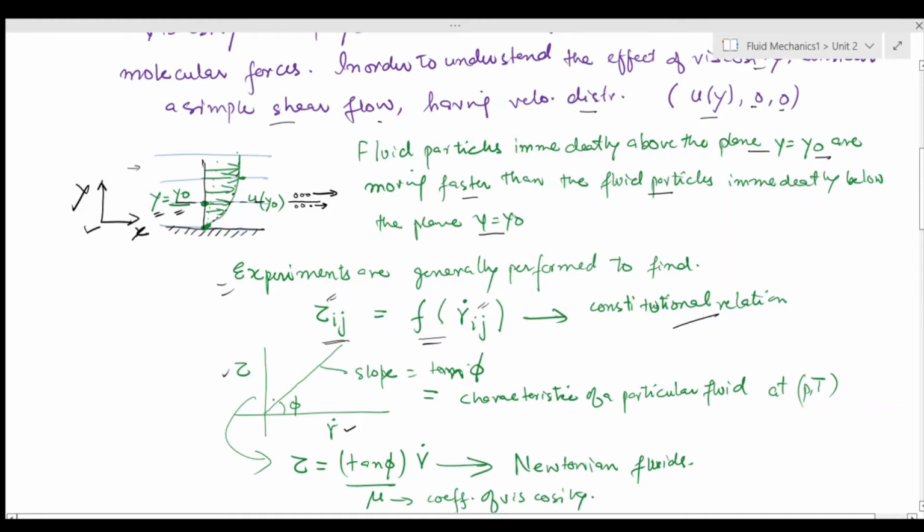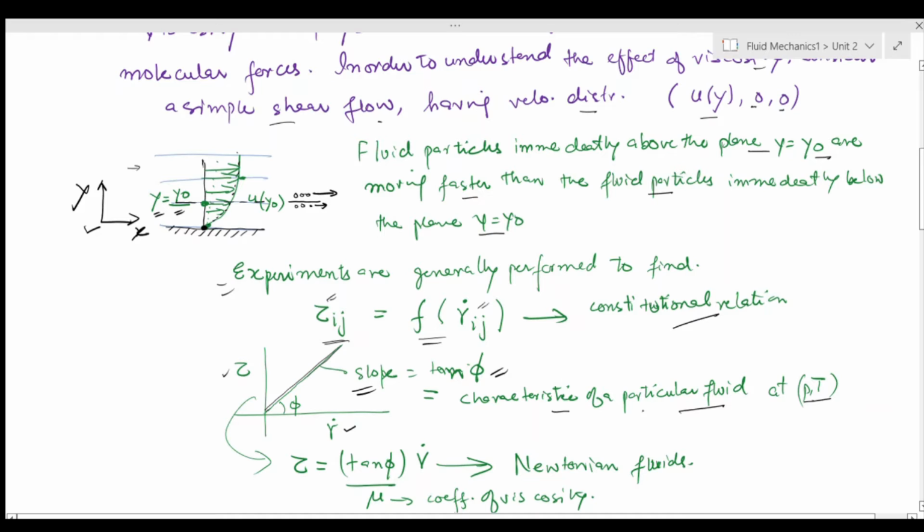Let's say I get this kind of curve over here. This slope is nothing but tan phi, and this is characteristic of a particular fluid at a particular pressure and temperature.